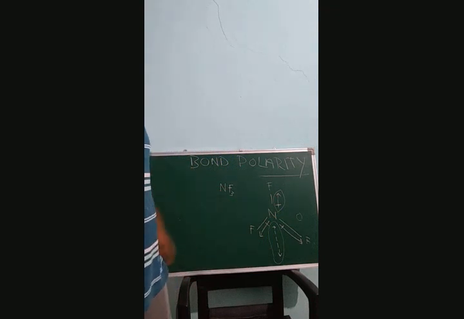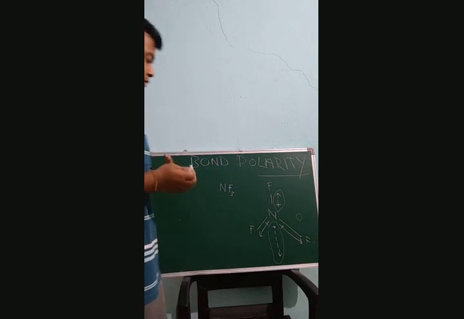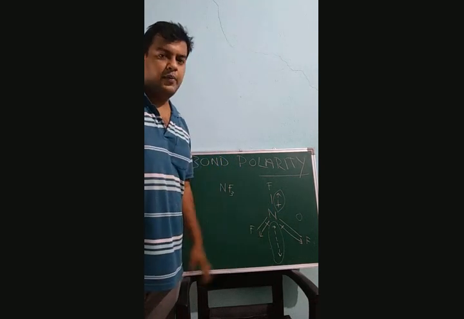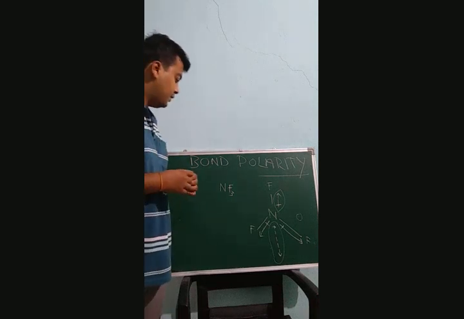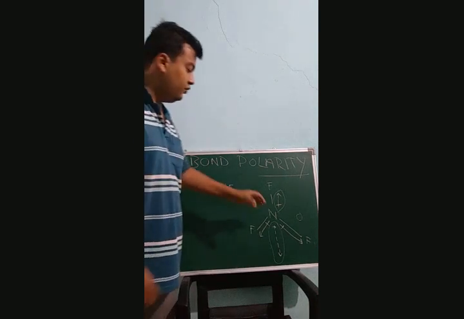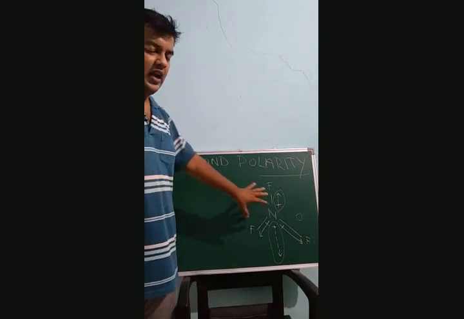So this is called a non-dipole. So this molecule does not have a particular dipole moment. And you can also say this is a non-polar molecule, because this does not have any bond polarity.